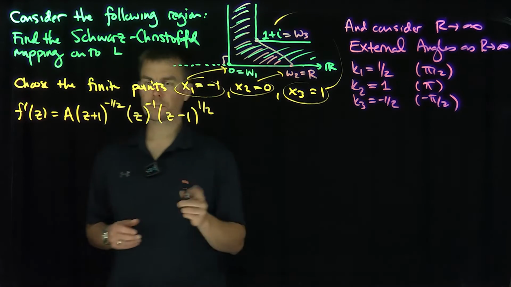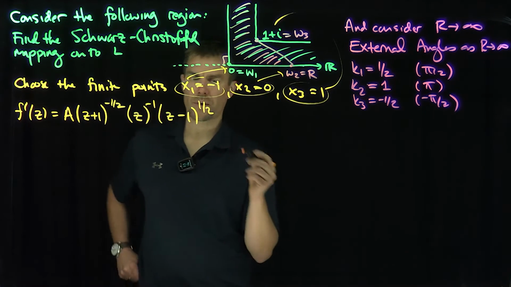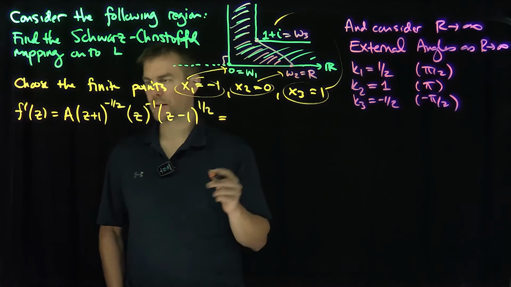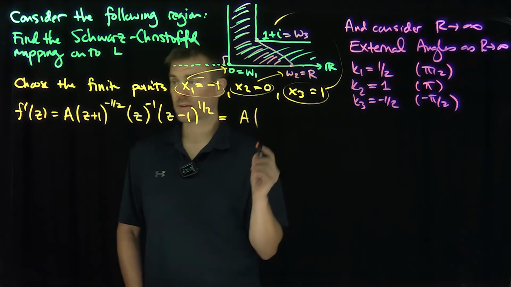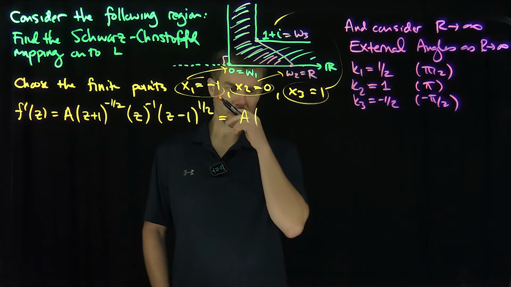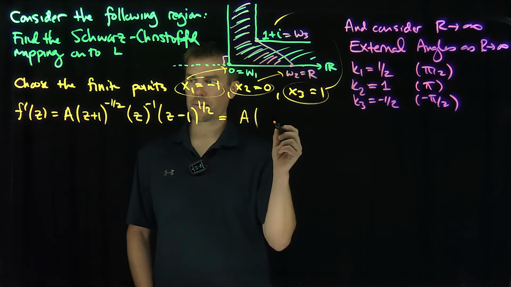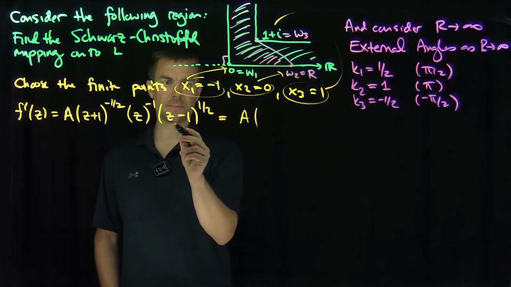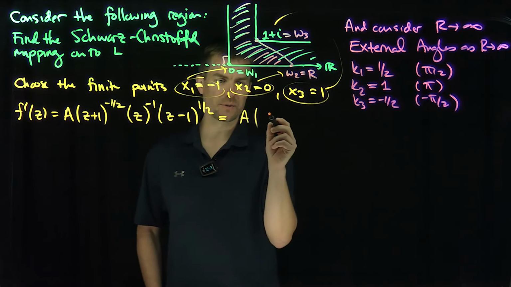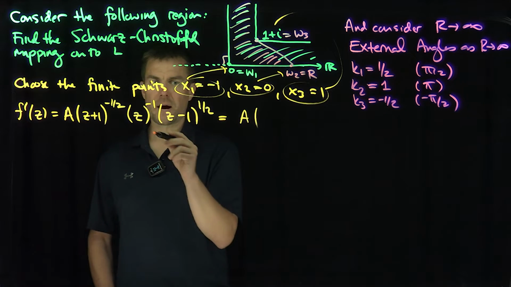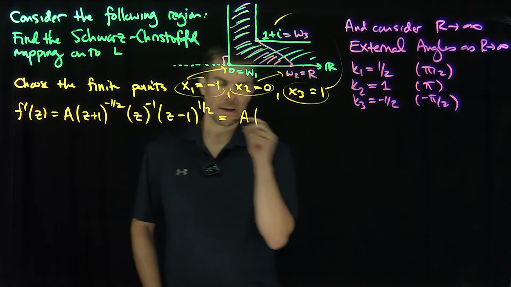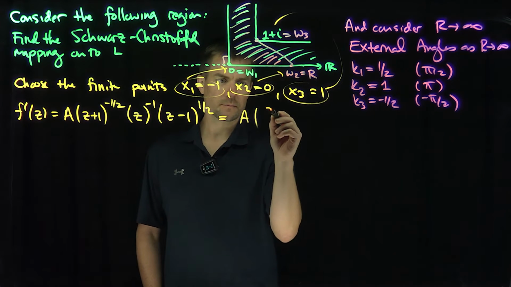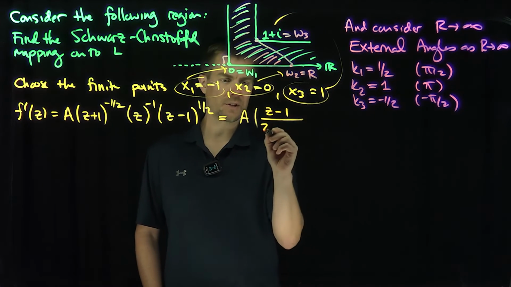Excellent, okay? And so now what we can do is write this in a nice way. I'm going to write this as A times, we're going to keep one factor of z minus 1 on the top. So I'm going to have the square root of z minus 1. And I'll put 1 in the bottom over here too. So I'm going to put 2 on the bottom over here and get a z minus 1 over z.